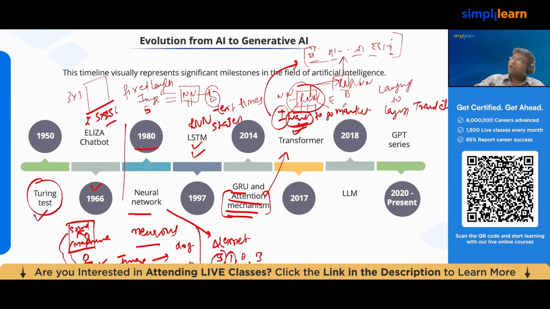Let's say "want" is important or "market" is important, which would have the higher weight. This problem was solved with the help of the attention mechanism, where every word is assigned some kind of weight.